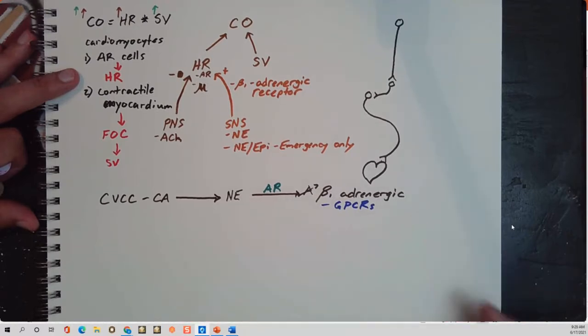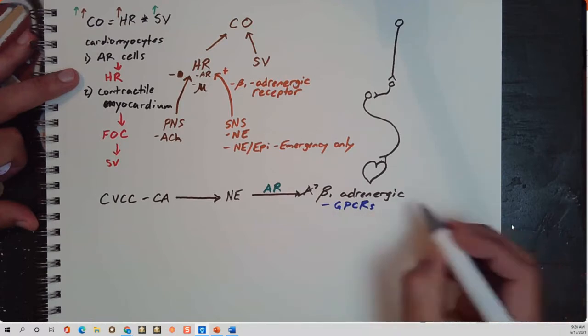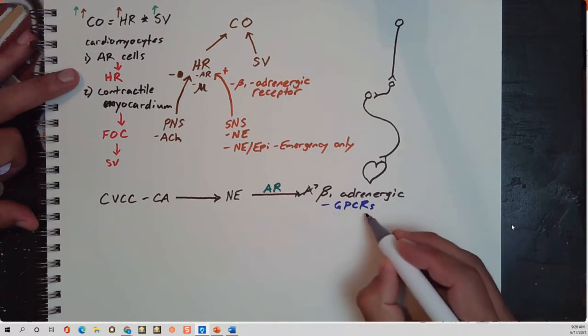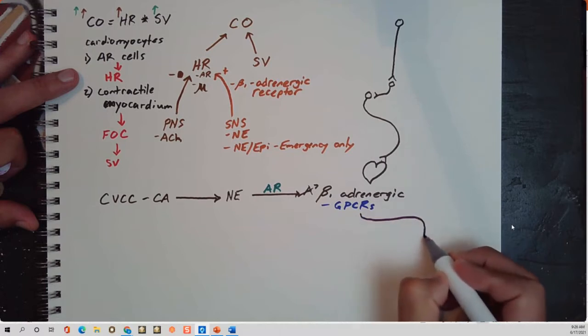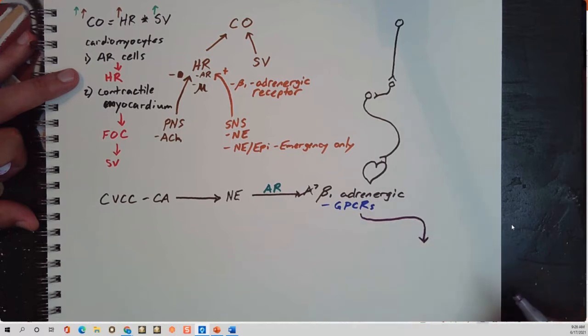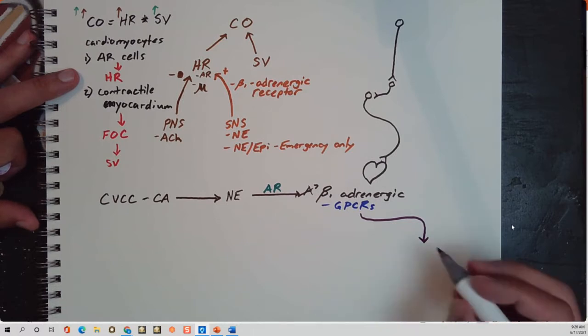So let's fill in the middle. That's the hard part. When we activate the G protein, that G protein is going to go and activate an enzymatic protein found on the cell membrane. What's the name of that enzymatic protein?